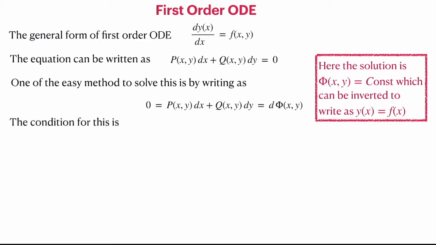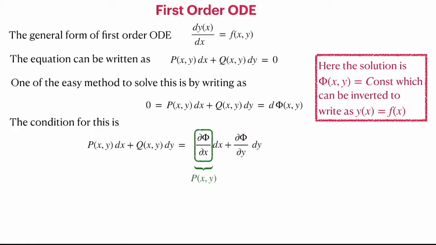The condition to be able to write it as an exact differential is that we write p dx plus q dy as d phi by dx into dx plus d phi by dy into dy for some phi. Now here we have to identify d phi by dx as p of x, y and d phi by dy as q of x, y.